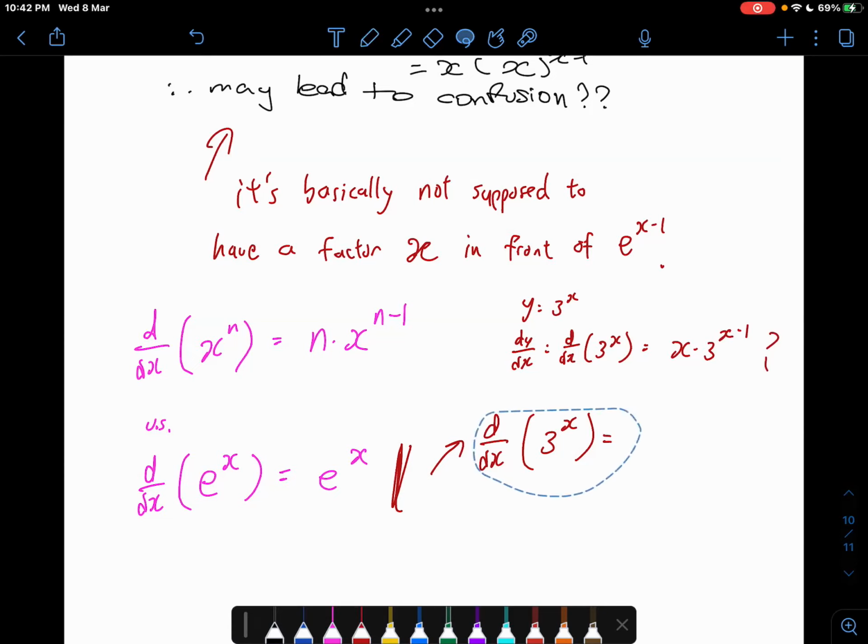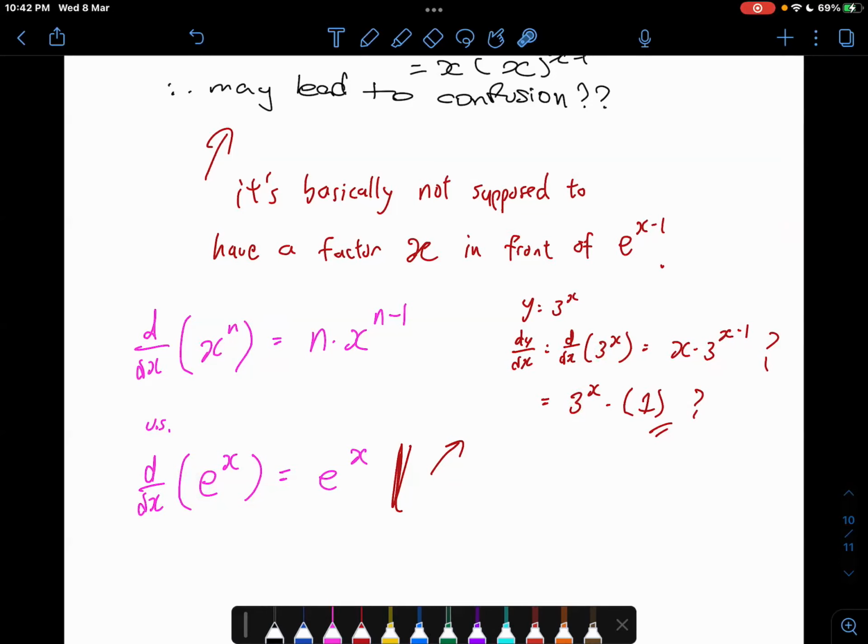Or can you apply the e power x rule, then just copy 3 power x and then differentiate x to get 1? So 3 power x. No, cannot, right? It only applies when the base is e. Here the base is 3. So the base is different.